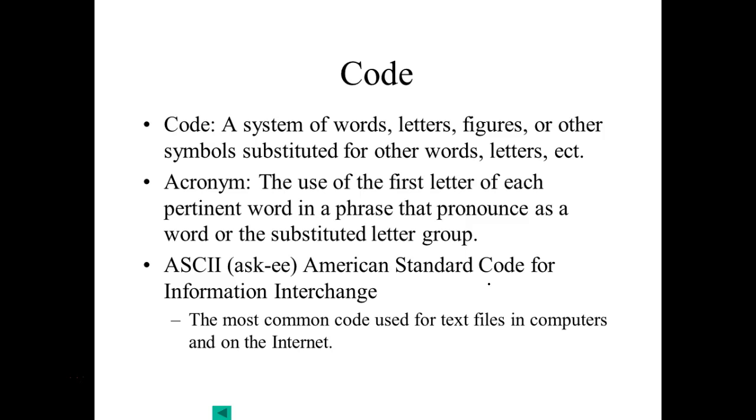ASCII, American Standard Code for Information Interchange, is the most common code used for text files in computers and on the internet. Originally ASCII was the code on the internet. Y'all ever heard of HTML? So there's an acronym, but we just call it hypertext markup language. Originally that's the way we sent everything over the internet, and that's still the way we format.